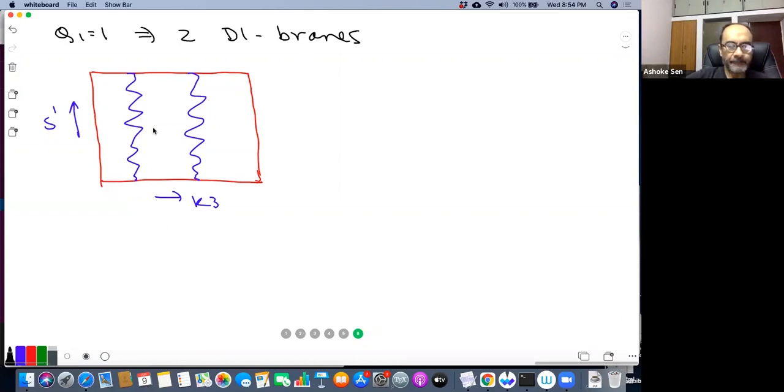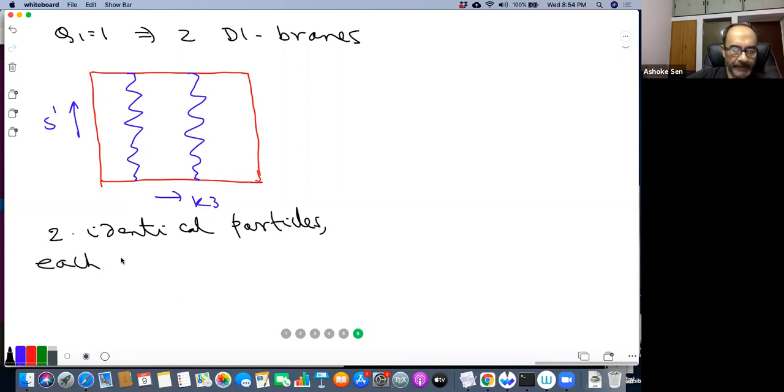So this system, in the weak coupling limit, these are free. It's like free particles. You can just think of this as a case of two identical particles, each with many quantum states.